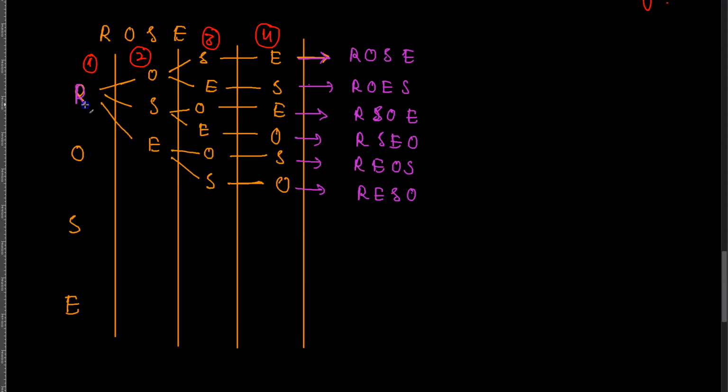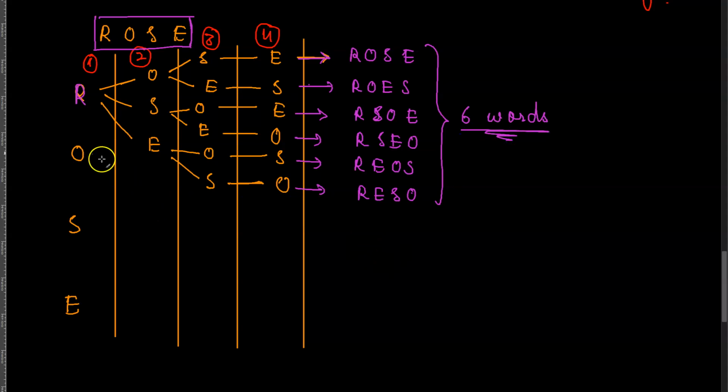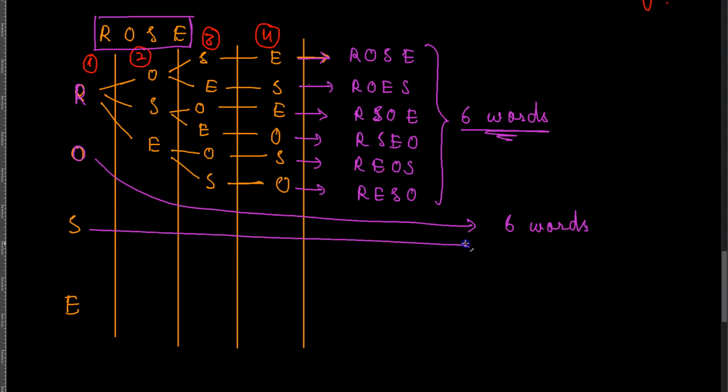So as you can see, over here I have started with R, and starting with R, having these 4 letters, I have managed to create 1, 2, 3, 4, 5, 6 words here. That means that if I start with an O, then I will be able to create another 6 words. If I start with an S, I will be able to create another 6 words.